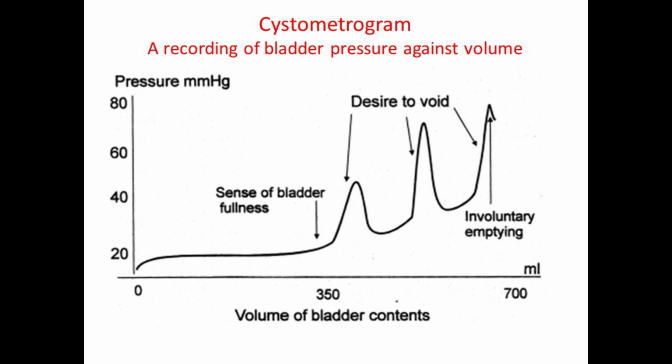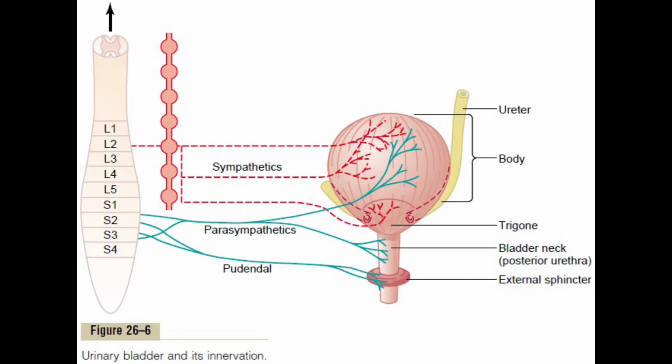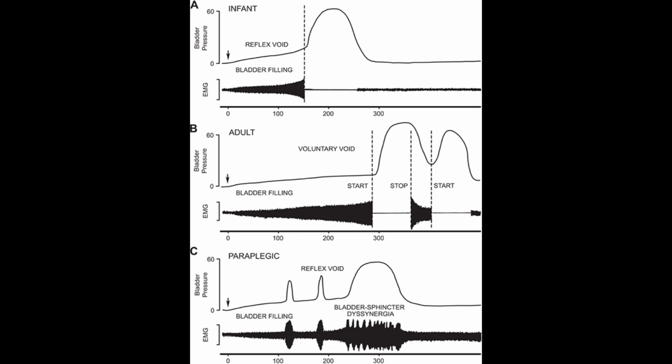At low bladder volumes, afferent firing is low. Sympathetic stimulation keeps the detrusor muscle relaxed and keeps the involuntary internal sphincter closed, inhibiting bladder emptying. That is called the storage phase.